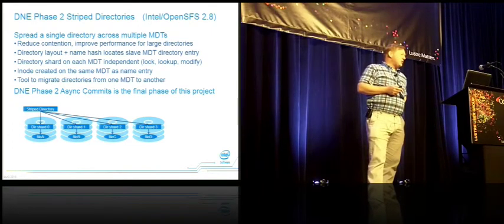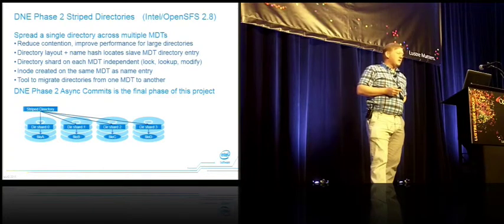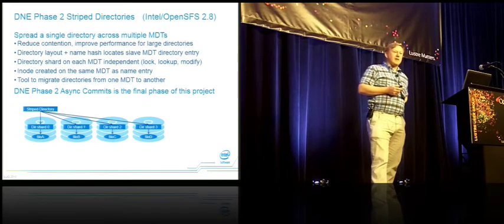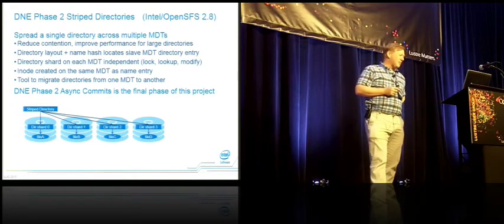So DNE Phase 2 is focused on stripe directories, and this has been ongoing for a while. DNE has been a long time coming, but I think a lot of people are happy that it's finally here.